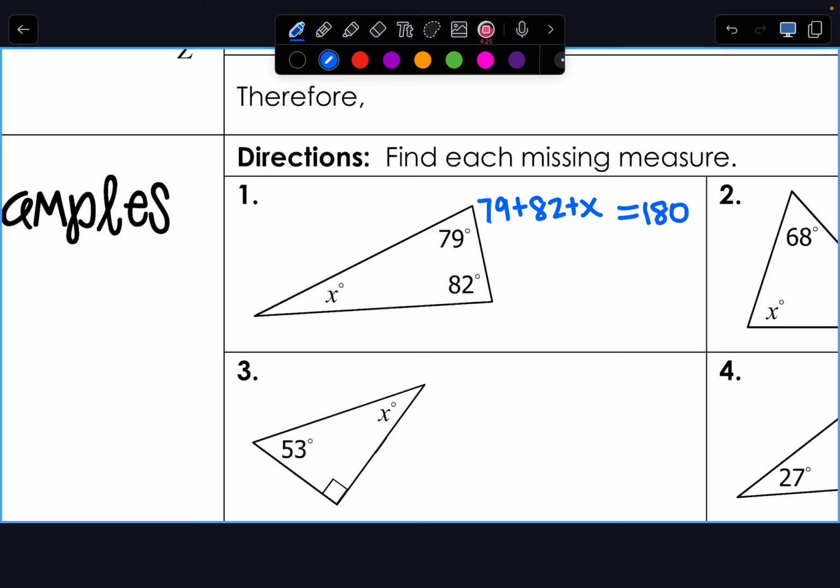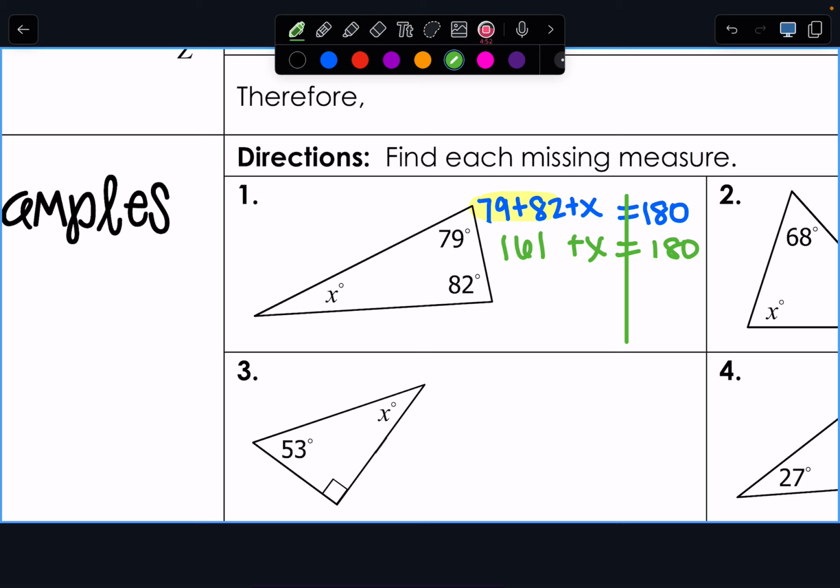We've solved equations before. We can take this 79 plus 82 and add those together. What is 79 plus 82? 161. So we have 161 plus x equals 180.